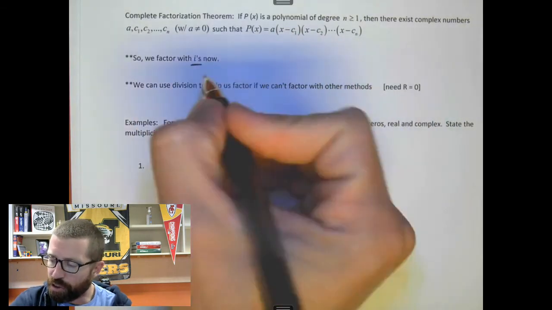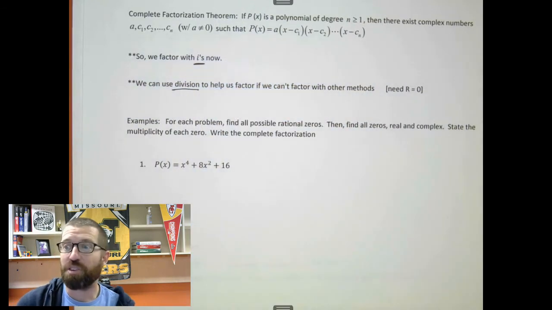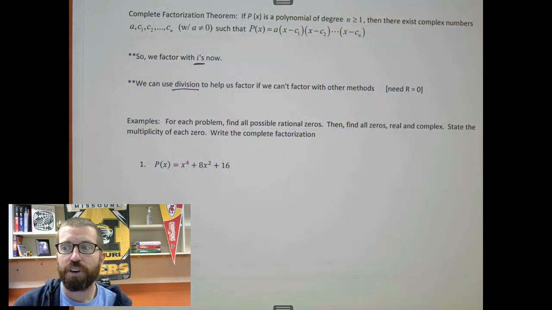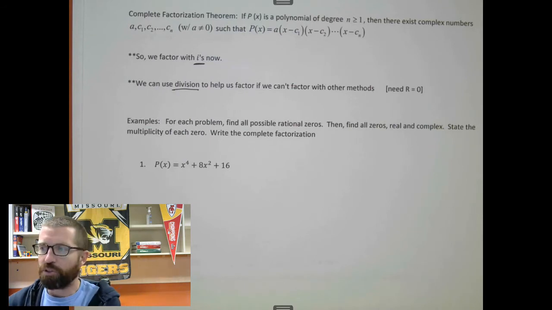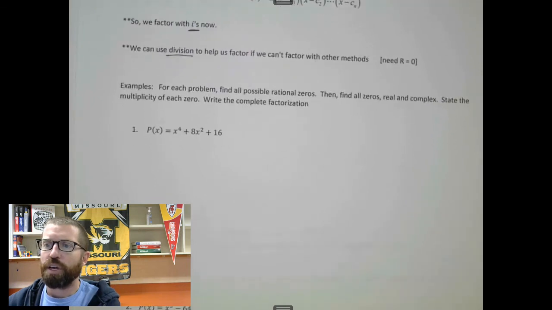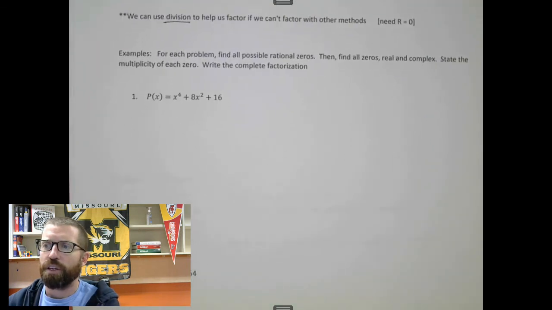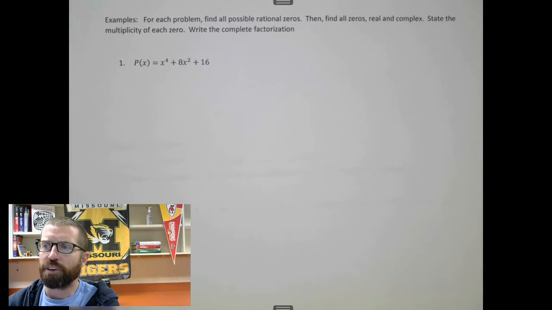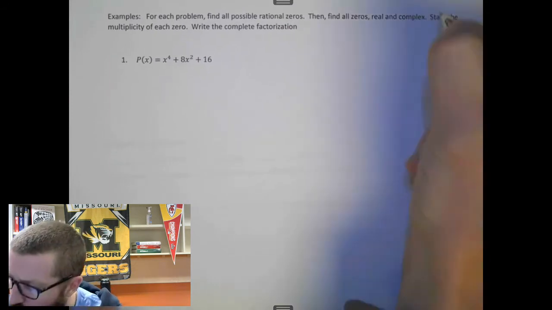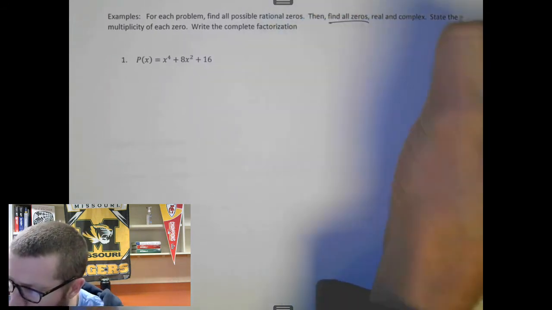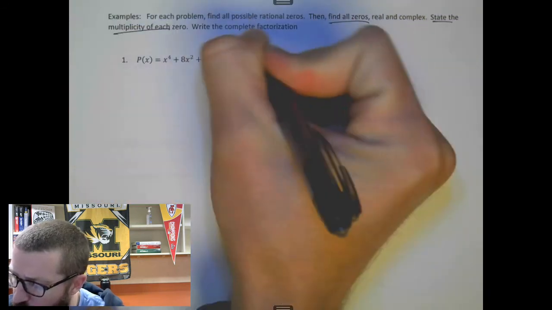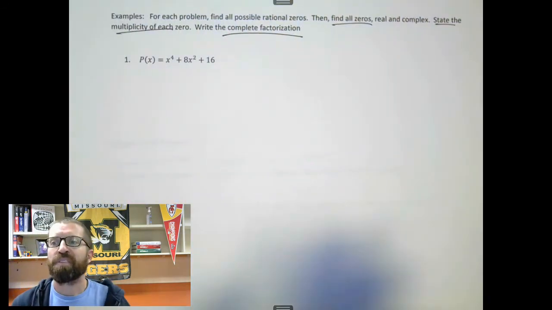And we're going to use division, specifically synthetic division, to help us factor if we can't factor other ways. So we'll get some good factoring practice in with these problems as we find the zeros and then find the complete factorization. So on all these, we're going to find all zeros, state the multiplicity of each zero, and then write the complete factorization.